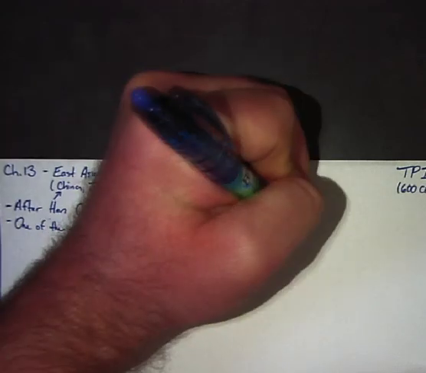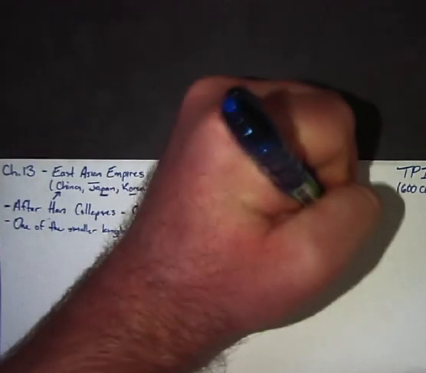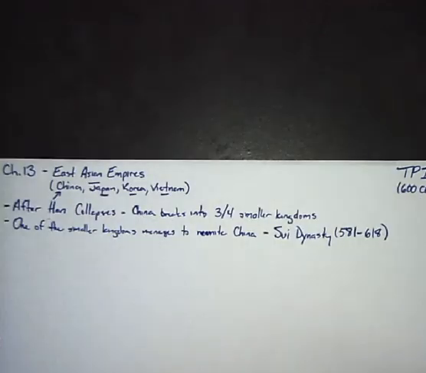And so this is known as the Sui Dynasty. The Sui Dynasty, which lasts from 581 to 618. So almost beat for beat, this is a repetition of what happened after the Zhou Dynasty collapsed.